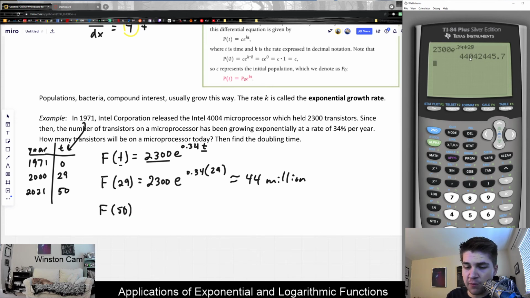And so same thing for 50. I would just want to replace the 29 with 50 in my formula. And this would give me an even insanely larger number. As we talked about with exponential functions, they grow faster and faster and faster because, again, taking it back to human populations, the more people you have, the more people you have to reproduce.